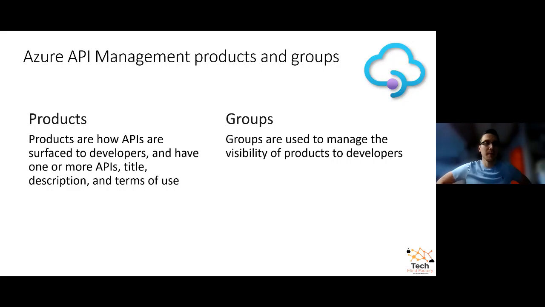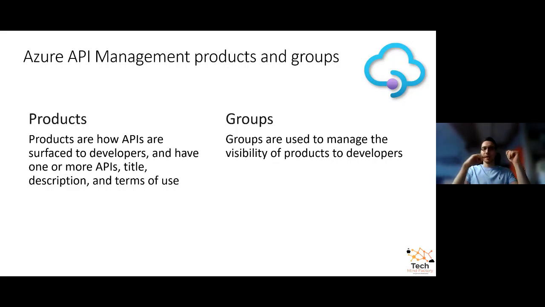So first of all, let's talk about the products. The products are how our APIs are surfaced to developers. You can think about the product as a box inside which you can put different APIs and then make this box available to developers.